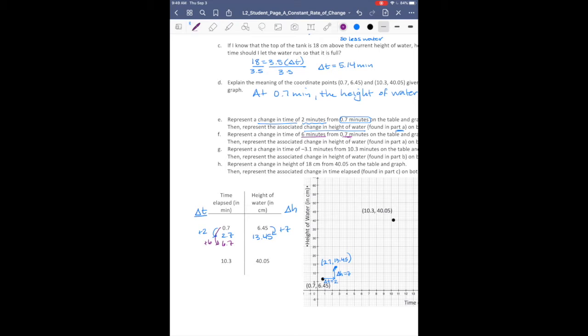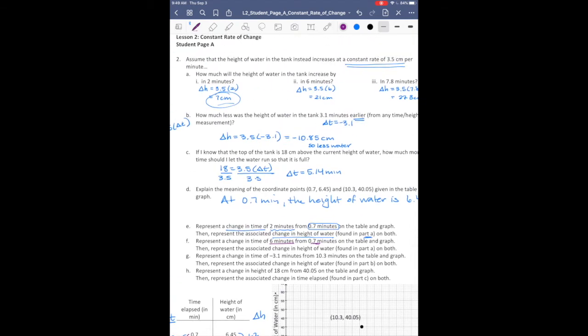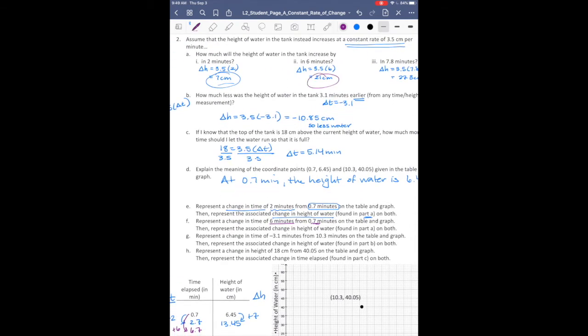On my graph, that's now going to be showing that horizontal line, but now that horizontal line is 3 times as long, because 2 minutes to 6 minutes is 3 times as long, which by the way means that my change in height should also be 3 times as much, right? So if it was 7 centimeters before, we can come back up here and we see, yep, that's true. My change in height is 21 centimeters.